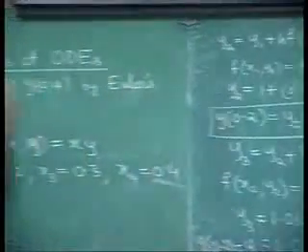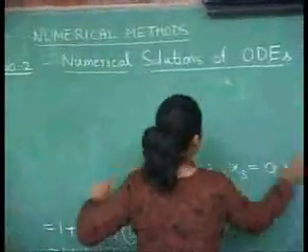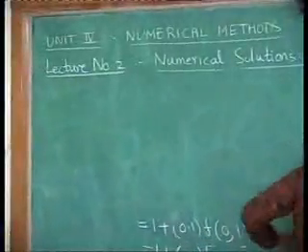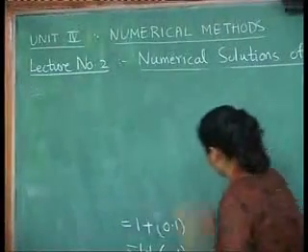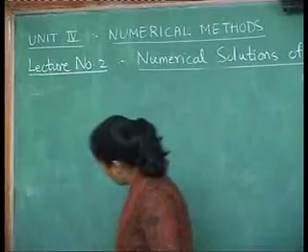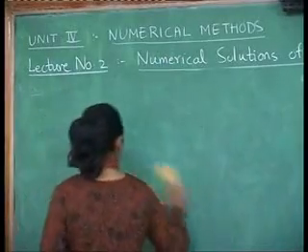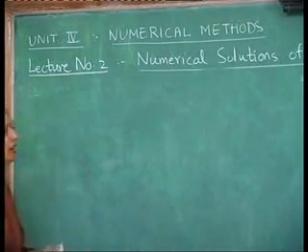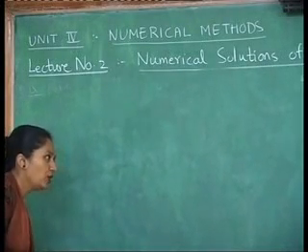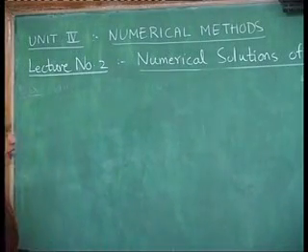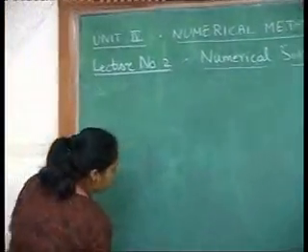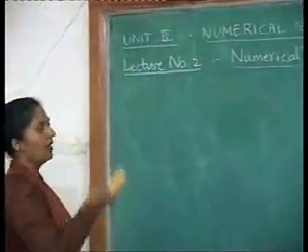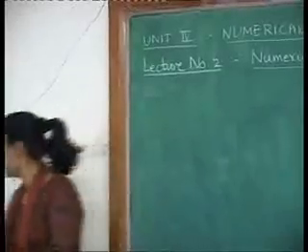So see if you can get the value of y4. That's the last value that we are looking for. First you can calculate f of x3 y3. x3 is 0.3 and y3 is 1.0302. So use that to first calculate the value of the function at x3 y3 and then substitute.